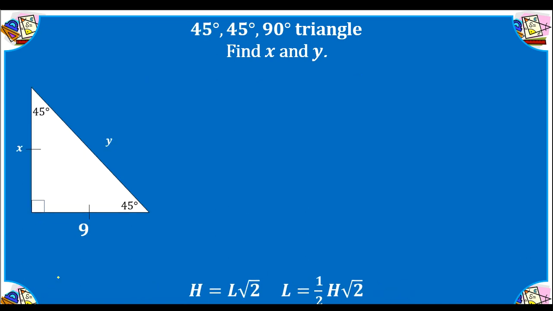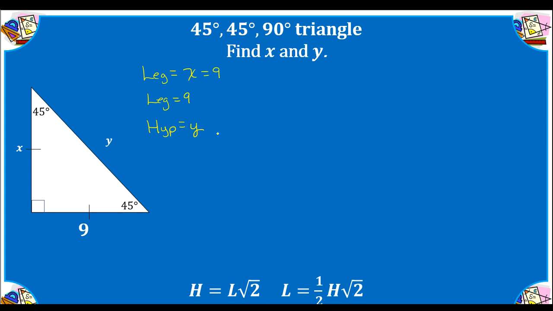Okay, now we have a 45, 45, 90. So we have one leg that is x, the other leg is 9. Therefore, we already know what x equals because these are congruent. And then the hypotenuse is y.